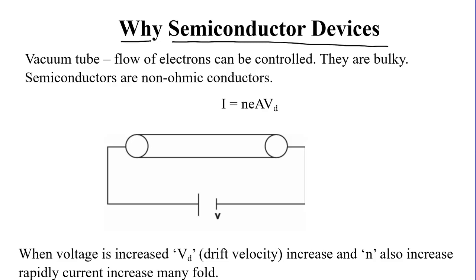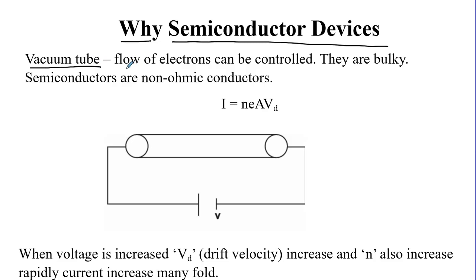So for a long time it was felt that we need devices in which current can be varied either by changing the voltage non-linearly or by changing other factors. The first successful device was the vacuum tube, which is popular.